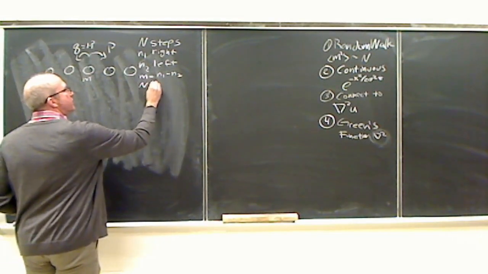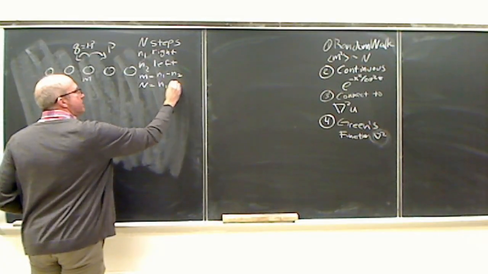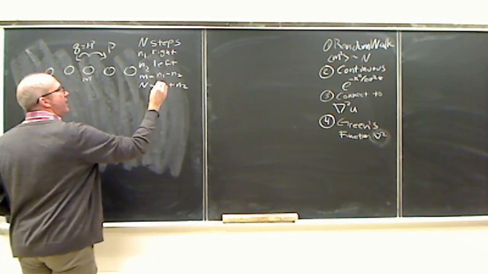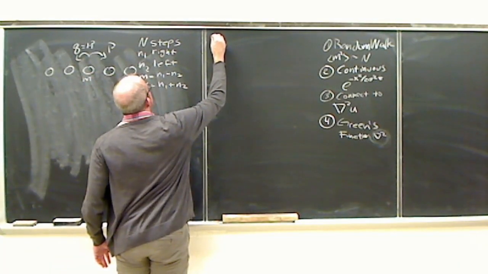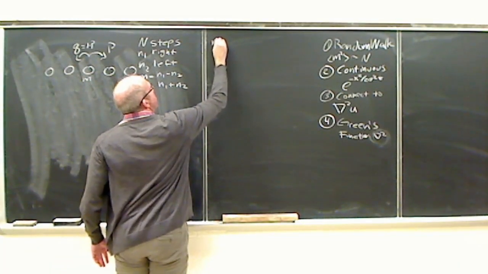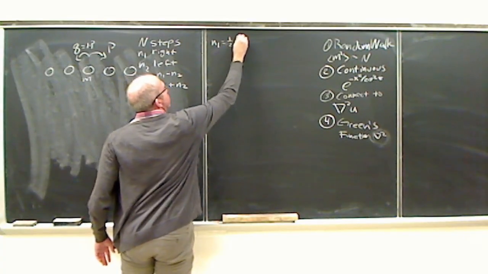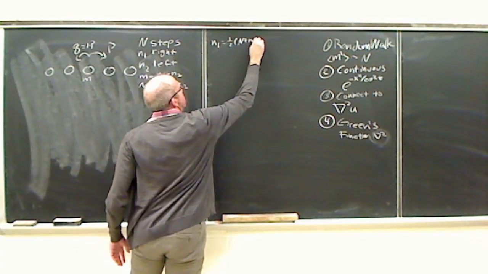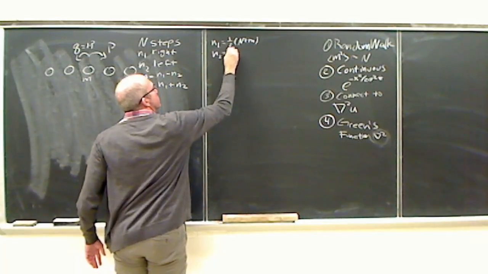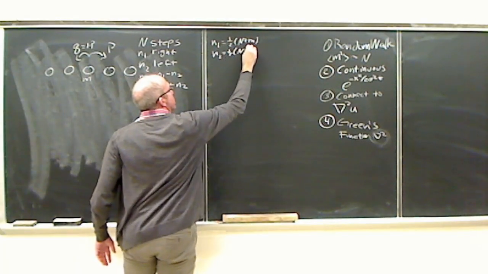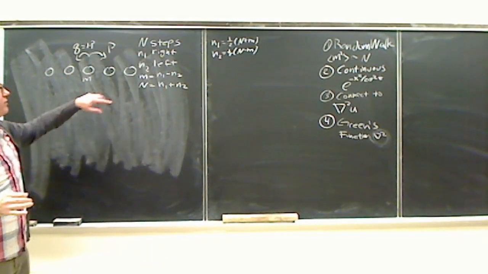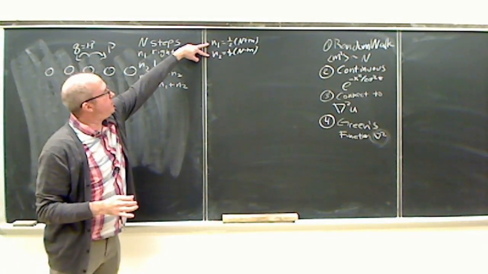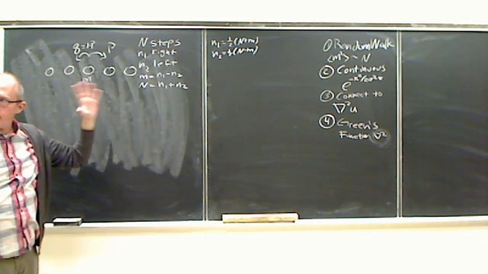So N also equals N1 plus N2. N1 equals 1/2 big N plus M. N2 equals 1/2 big N minus M. This is just a little bit of algebra to set things up. If you just solve these two, you get these two equations. So that's just relating the two things.